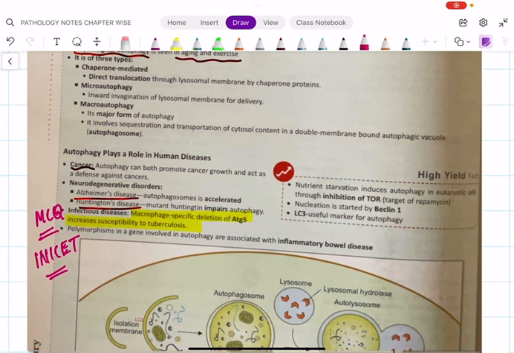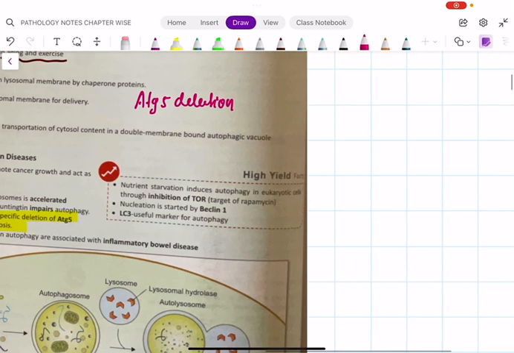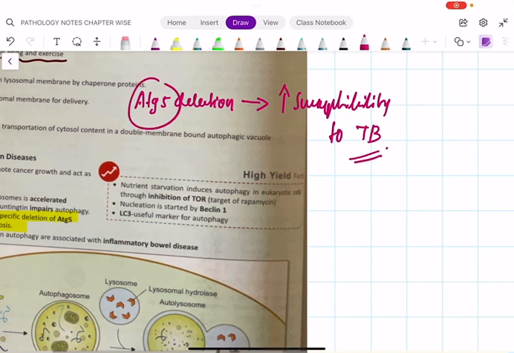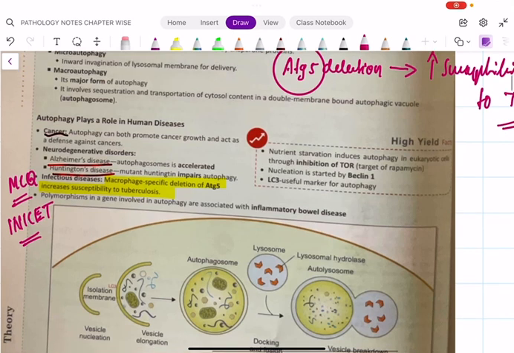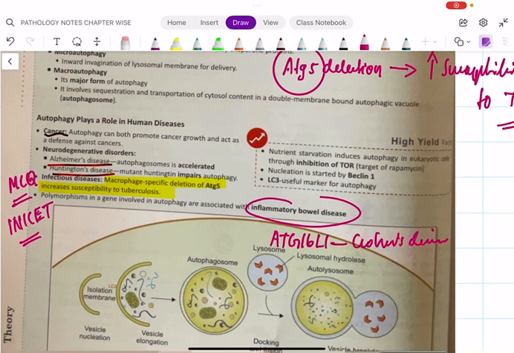ATG5 deletion, deletion means mutation, leads to increased susceptibility to TB. People who have this ATG5 mutation have increased susceptibility to TB. And of course, inflammatory bowel disease, I have told you, the gene is ATG16L1 in Crohn's disease.